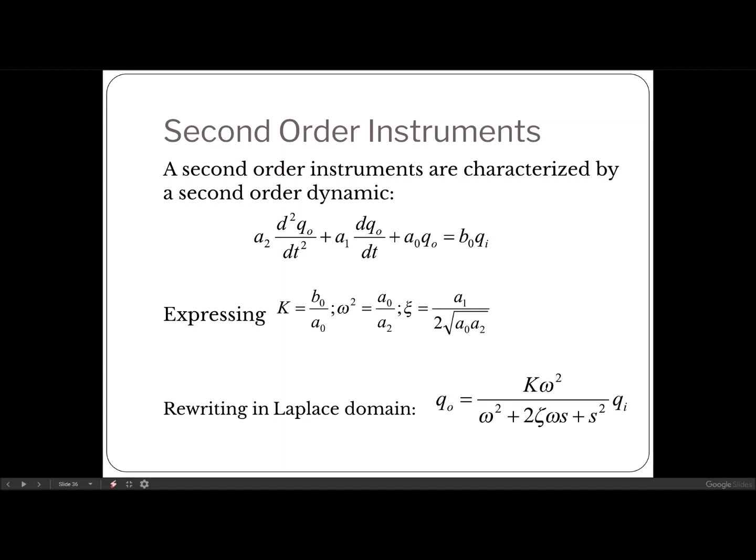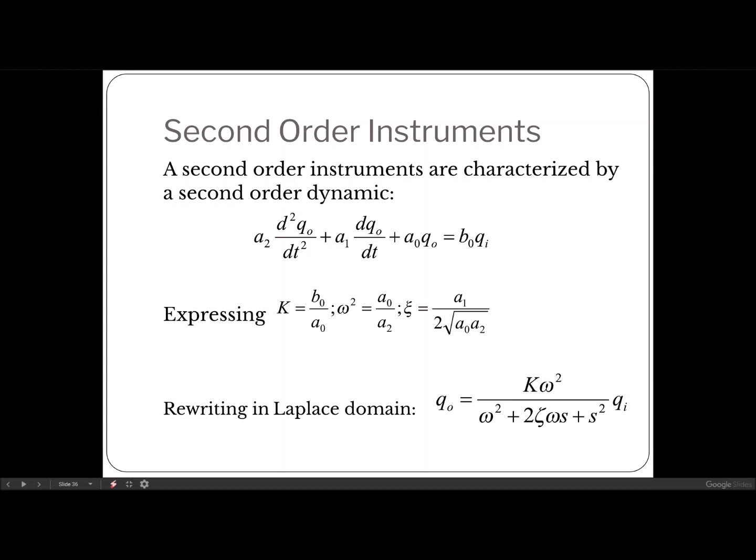Okay, we have discussed first order instruments previously, but zero order and first order are not all of them. We might also have second order instruments. It's quite analogous to the first order instrument. Second order instruments here means the differential equation that correlates input and output also involves the second derivative of the output.